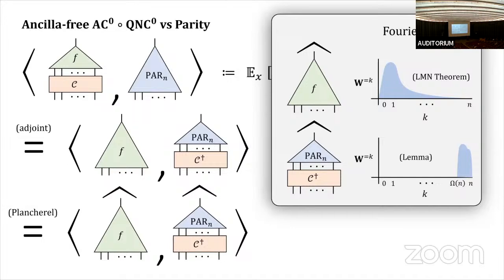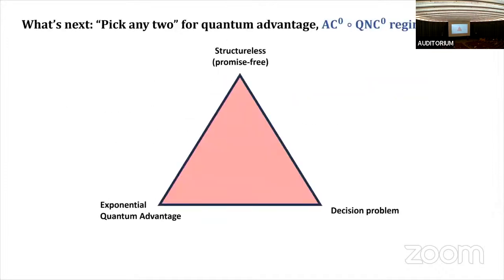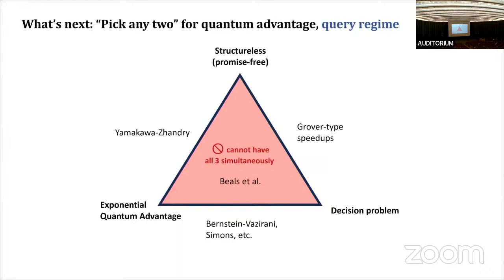Cutter on Discord is asking why not all three vertices of the triangle can be satisfied. Both triangles, I guess. It depends. There are two triangles. For the Fourier complexity triangle, not all three can be satisfied because Beals et al. says that as soon as you enforce structureless questions, so there's no aggressive promise on the problem, then for a decision problem you can get at most a polynomial quantum speedup.